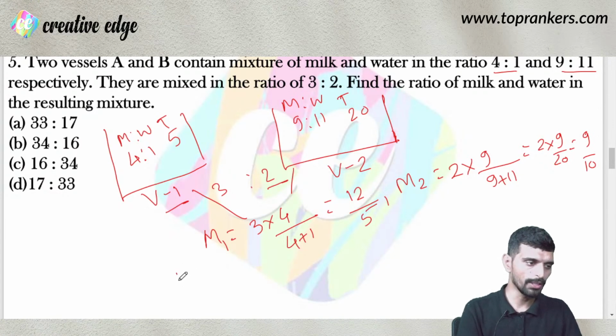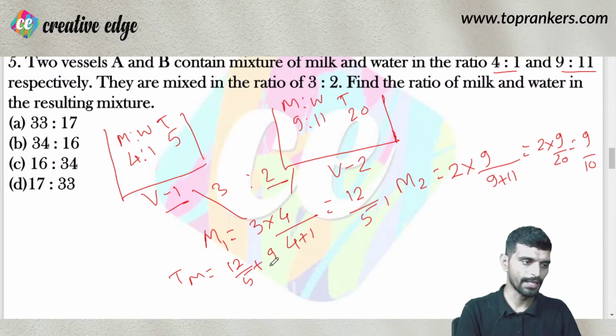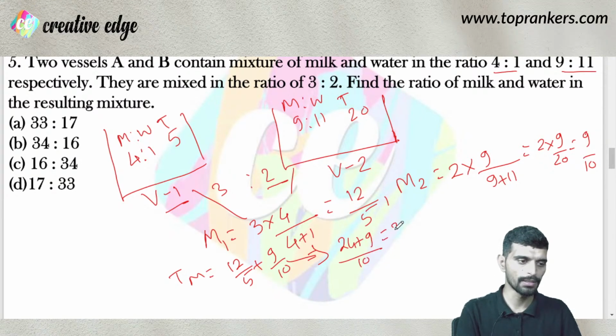So total milk will be 12 by 5 plus 9 by 10. On solving this, we will have 24 plus 9 by 10, that is 33 by 10.